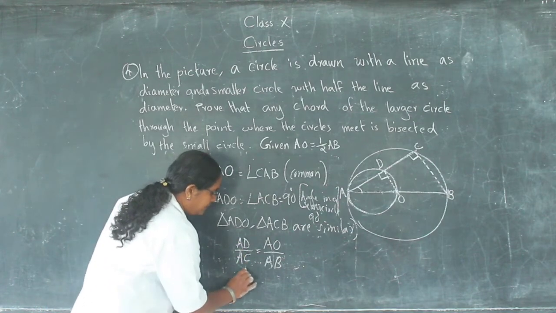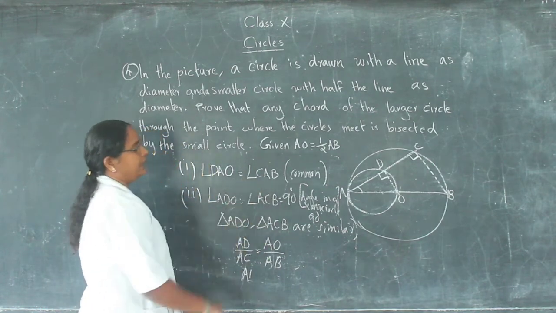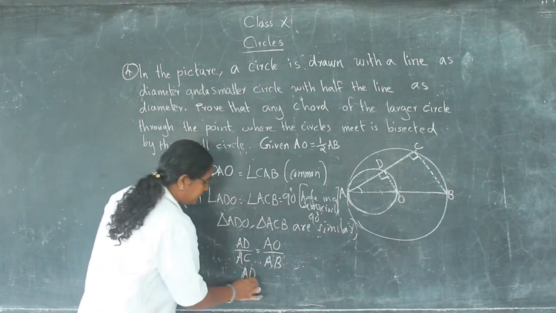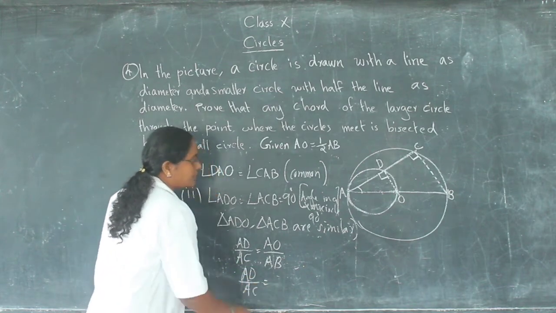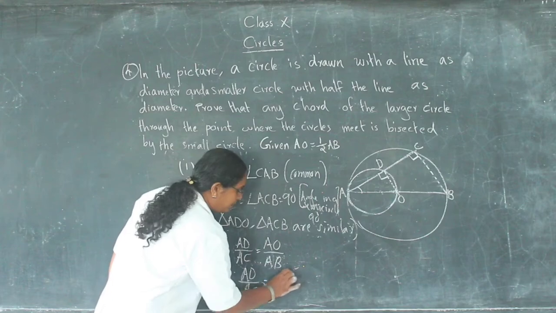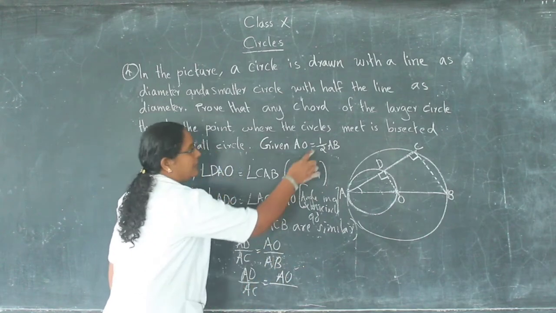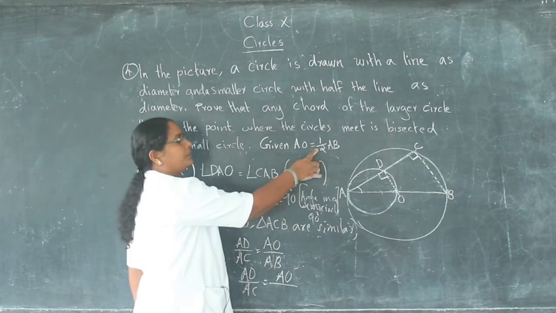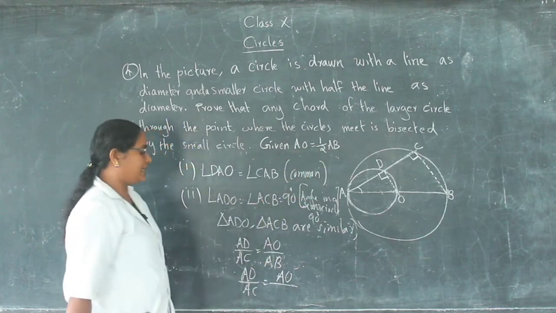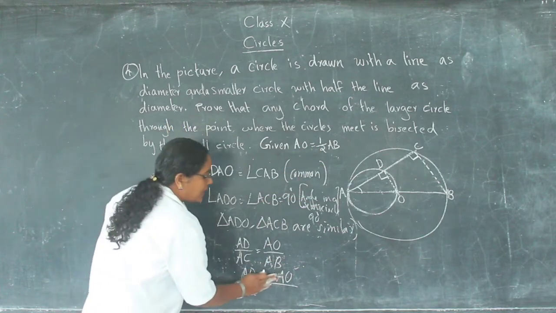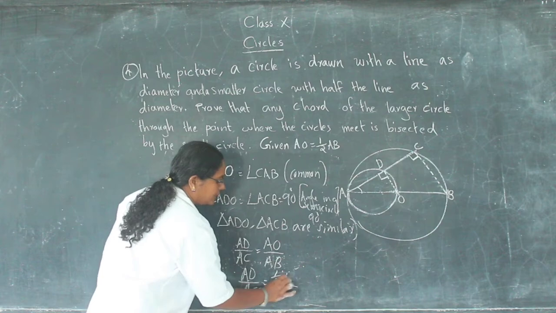AD by AC equals AO by AB. Already given, the relation between AO and AB is that AO is half of AB.